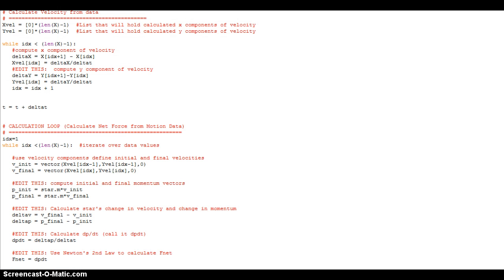Using VPython code, I calculated the change in velocity and subsequently the change in momentum between each time step. From these momentum values, I was able to code for values for the parallel and perpendicular change in momentum over change in time.